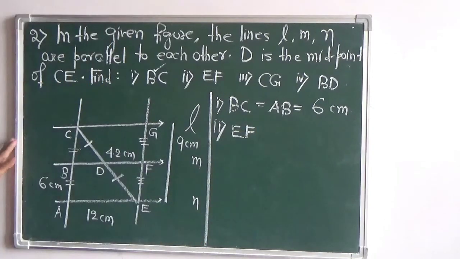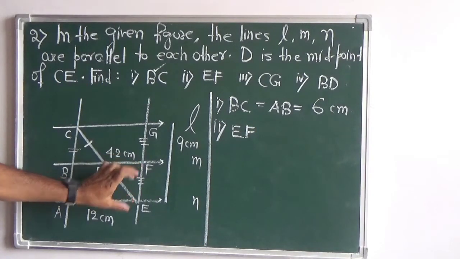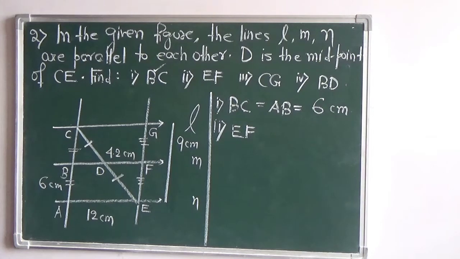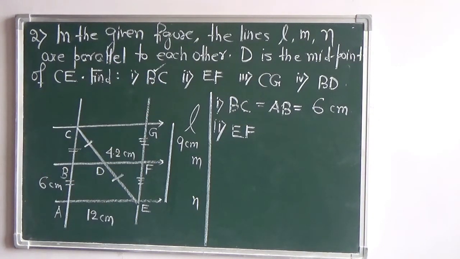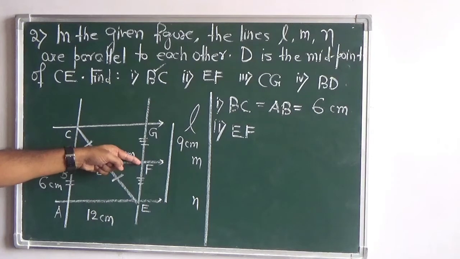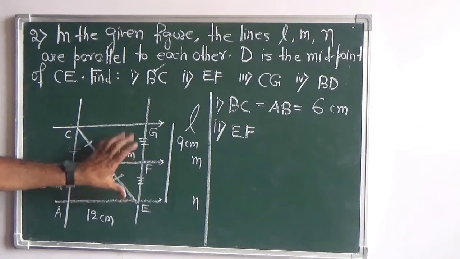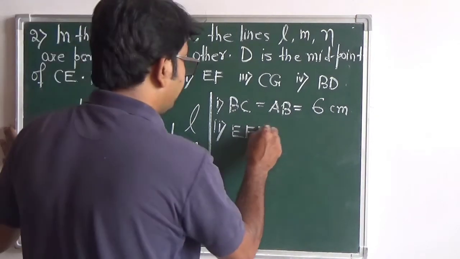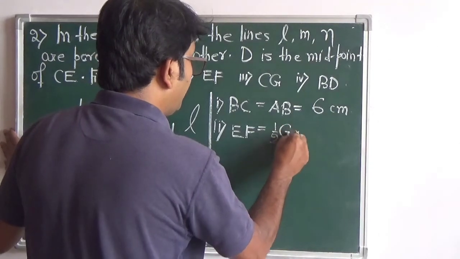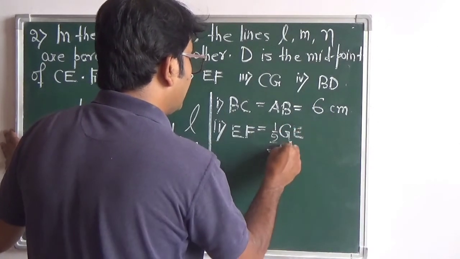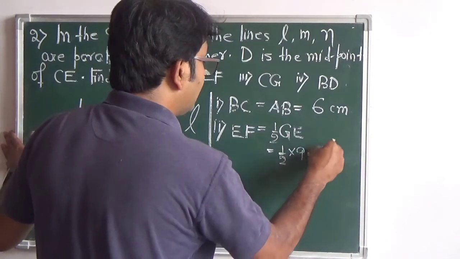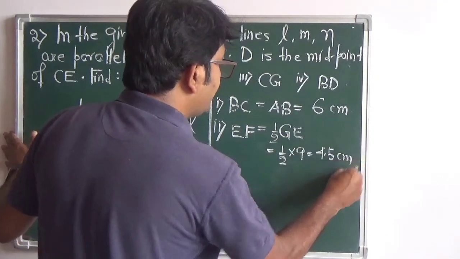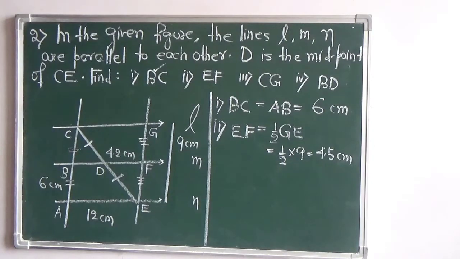Now where is EF? This is EF, and we have been given GE as 9 centimeters. Now F is the midpoint by the equal intercept theorem, so EF will be half of GE, that is half into 9, which is 4.5 centimeters. So we have found EF as well.